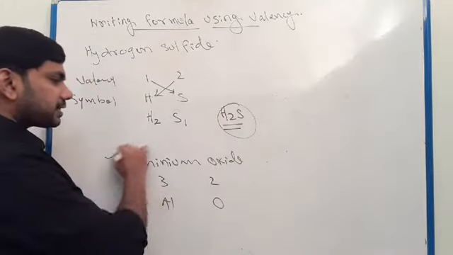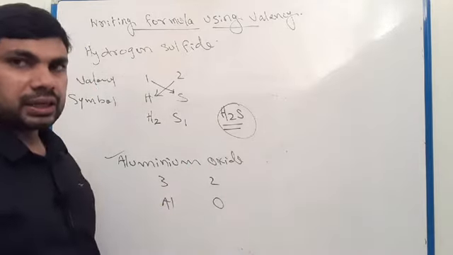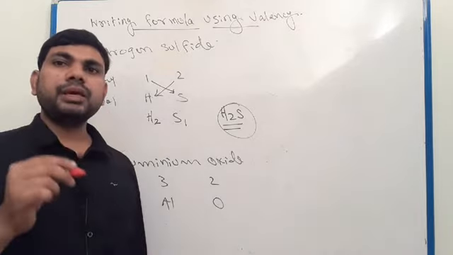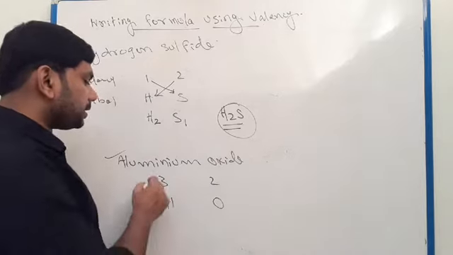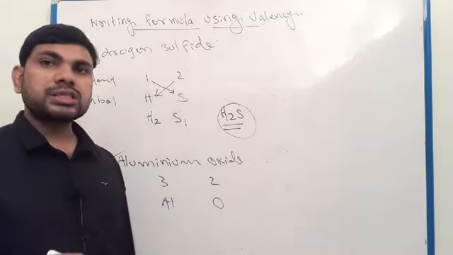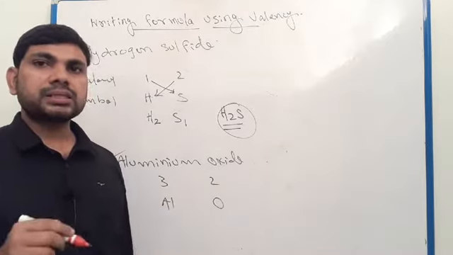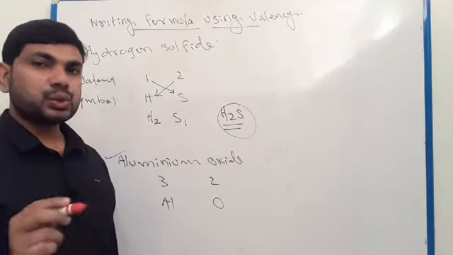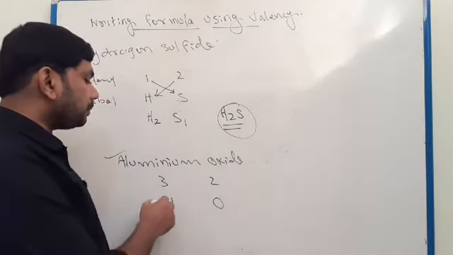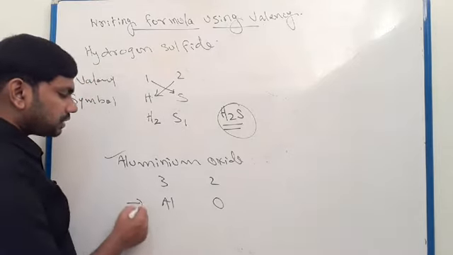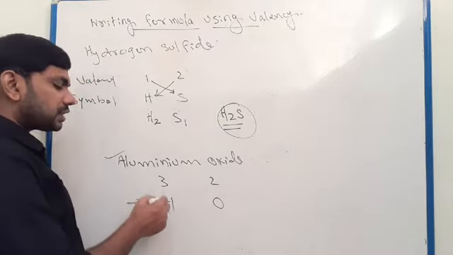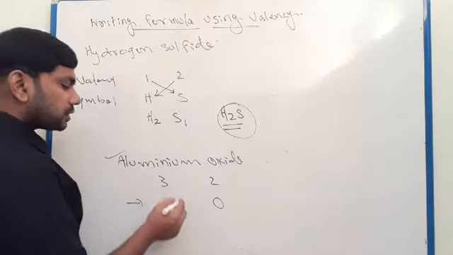Okay, another example, aluminium oxide. Boron, aluminium, gallium, these are group 3. So valency of aluminium is 3. And oxygen is group 6, okay, 8 minus 6, so valency 2. So the symbols of aluminium and oxygen are given here, with valency of aluminium 3 and oxygen 2.